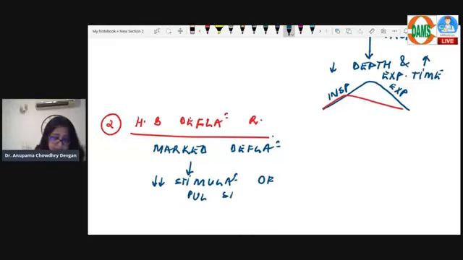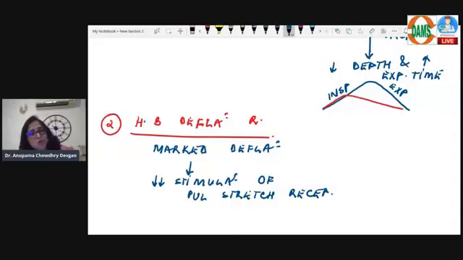pulmonary stretch receptors. Please understand that vagus is a mixed nerve, right? The fibers from pulmonary stretch receptors will join the vagus. Vagus is both sensory and motor. It's a mixed nerve.